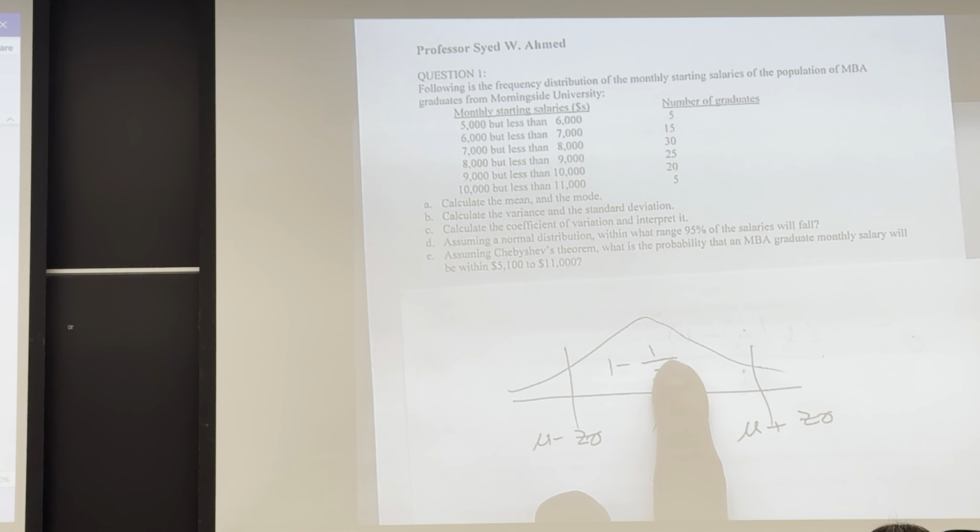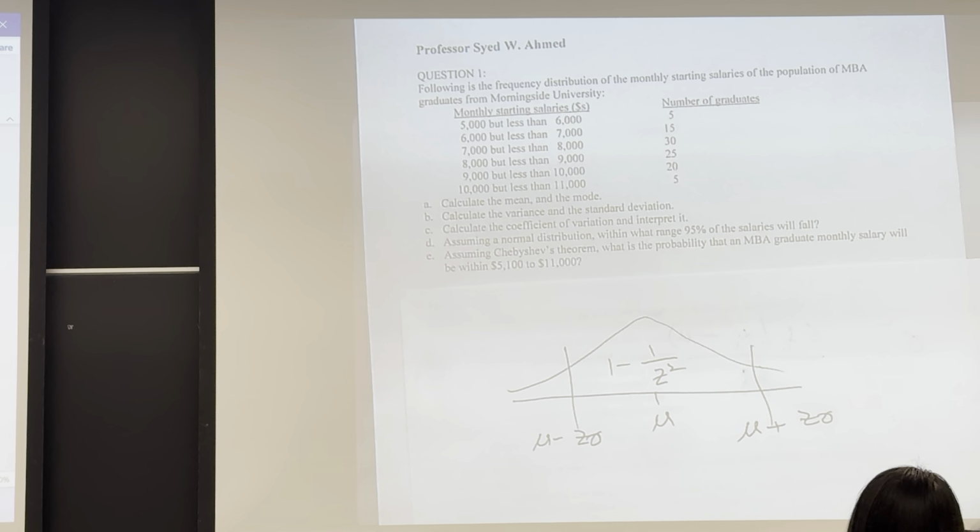According to Chebyshev's theorem, at least 75% of the salaries will fall within these two limits. Suppose this is 2. So at least 75% of the values will fall within 2 standard deviations of the mean.